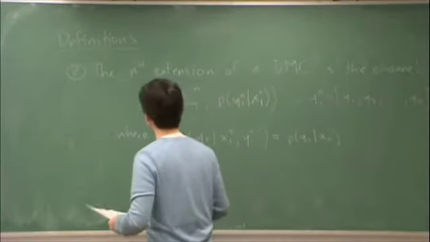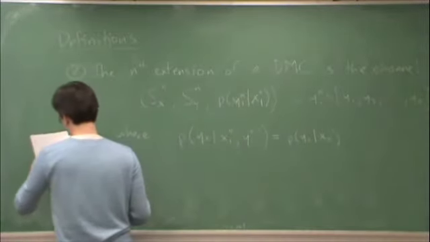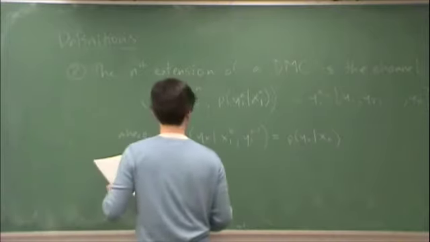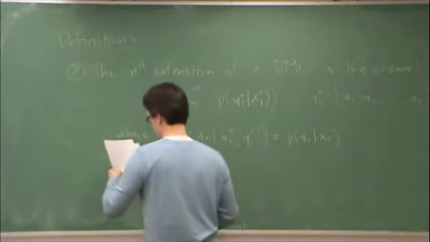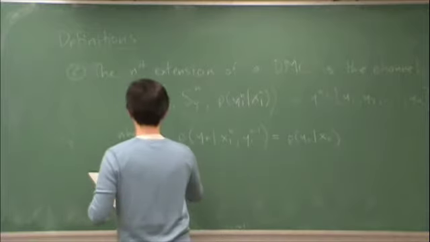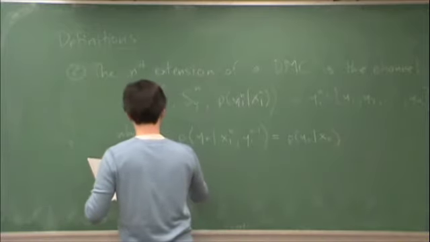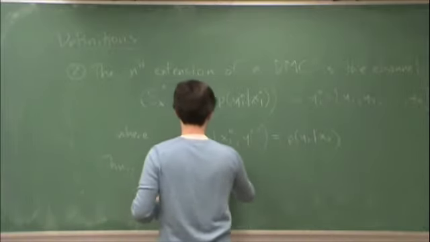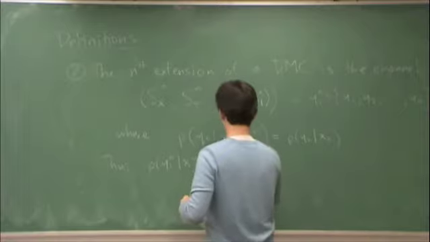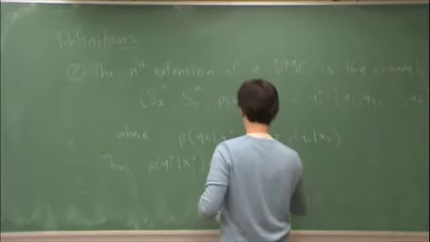So we will assume, thus, this is not an assumption, this is actually plain fact. The probability of y from 1 to n, given x from 1 to n, is equal to the product from i equals 1 to n of p yi given xi.